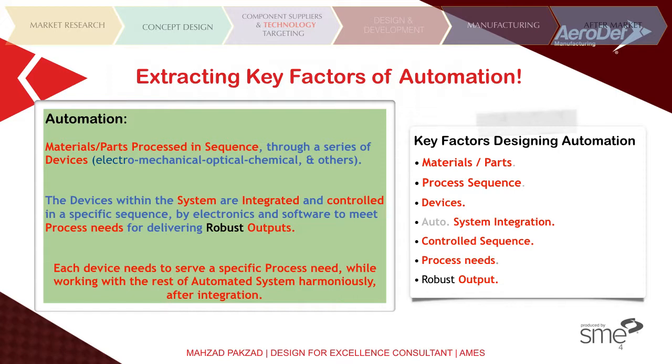So it's not an independent device, an independent item doing a job. It's also part of a larger system, and whatever it does could affect the rest of the system in many ways. And how we control the sequence is very important. And what are the needs for the process: the environment, temperature, pressure, all the characteristic requirements for the process, and the robust output, of course.